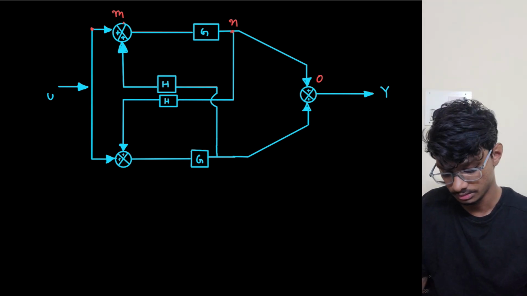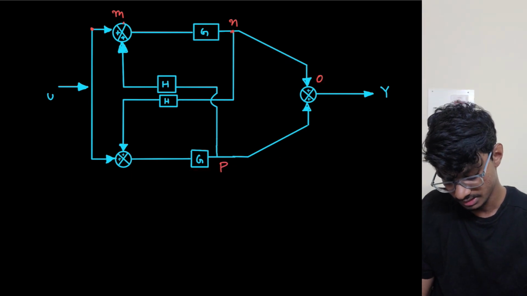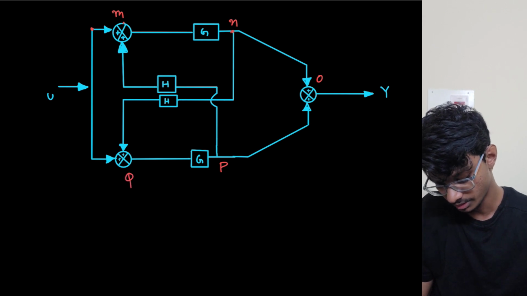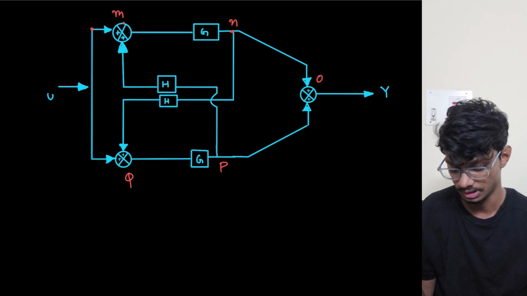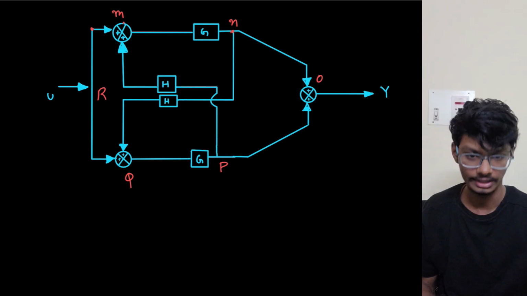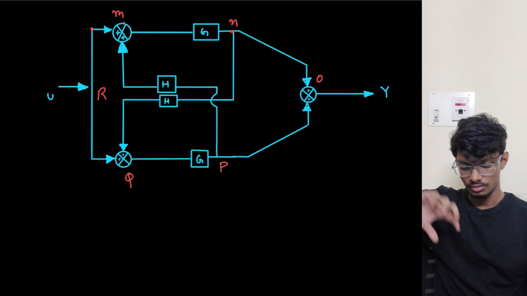Let me name this point as p. Then let me name this point as q. All of these points are named, but one is not named here, like these three are coming together, so what I can name here is r. So this is m n o p q r.